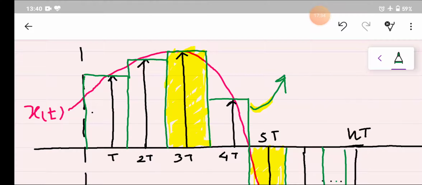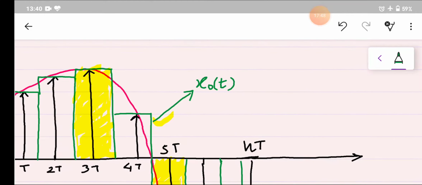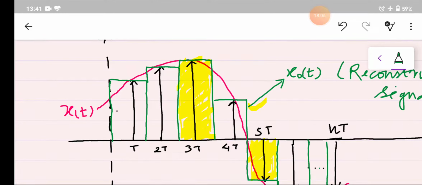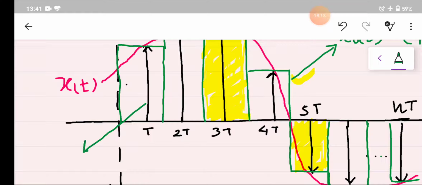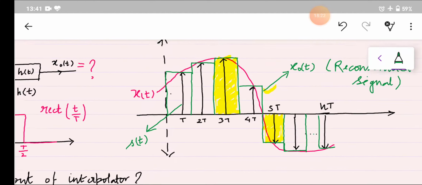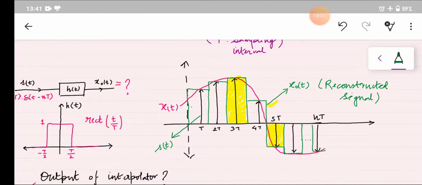So this is our x naught t signal, which is the output or reconstructed signal. xt is our original signal and these are our sampled signal, or we can say that this is st. So in this way we have seen what an ideal interpolator is and what it will do to reconstruct the original signal xt from its samples.